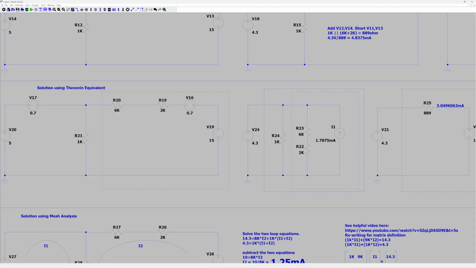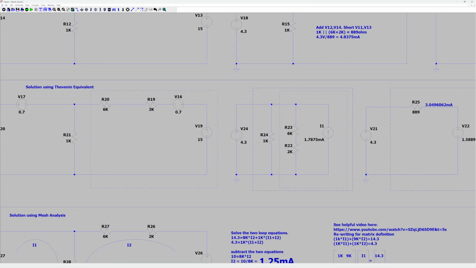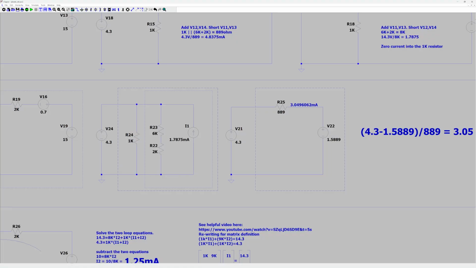Now, to finish solving this problem, we need to take this combination in the larger dotted box and convert it back into a voltage source with a series resistance. That gives you now a voltage of 1.589 through a new resistance. The series and parallel combination of these three resistors becomes 889. And you haven't converted the voltage source, so that stays at 4.3.